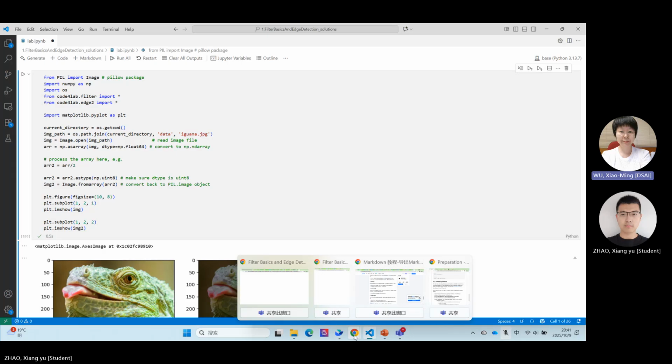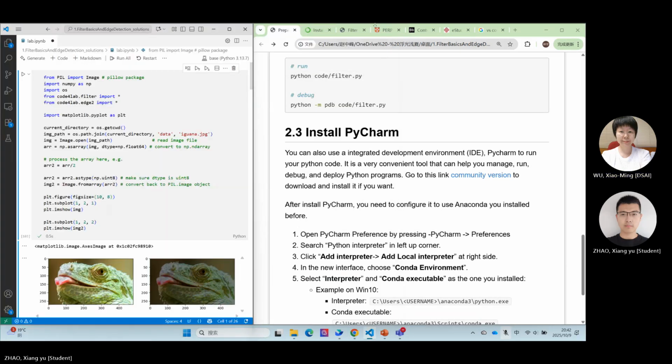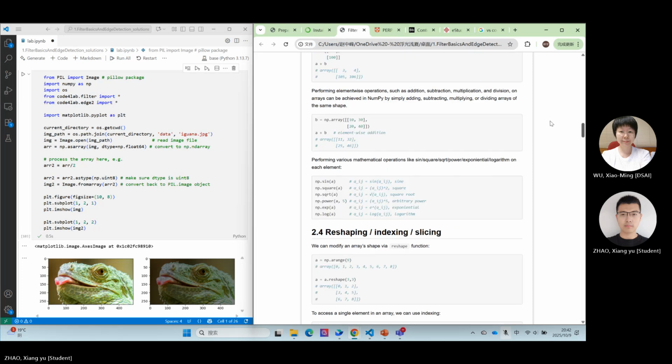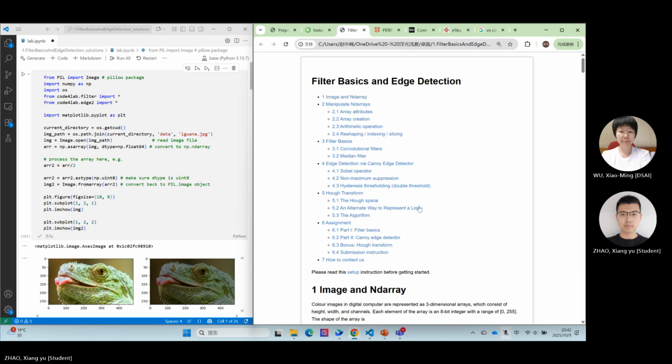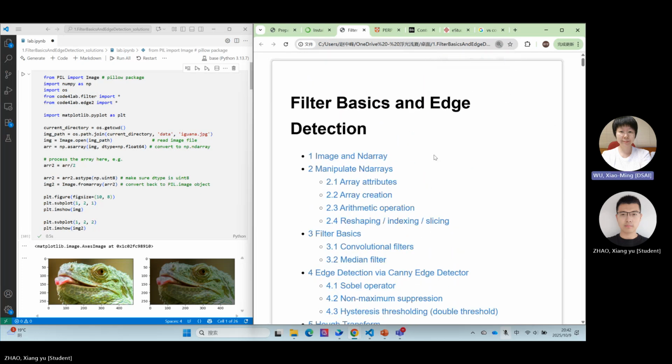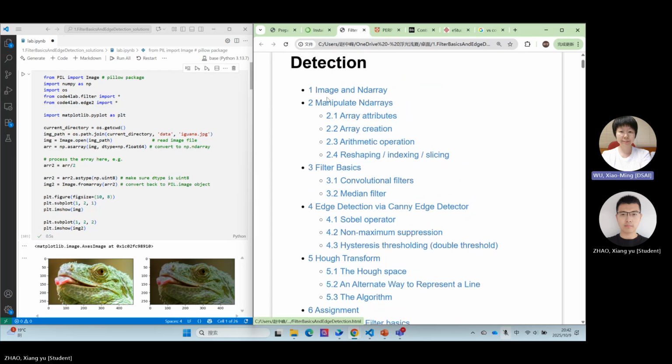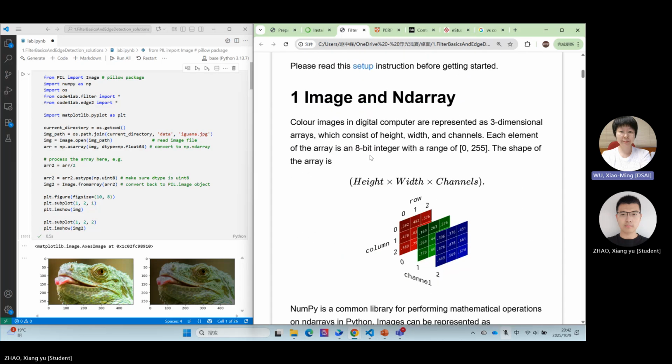Okay, let's see Lab 1, filter basics and edge detection. Before we introduce the filter, let us see the image and the n-dimensional array. Color images in digital computers are represented as 3-dimensional arrays.